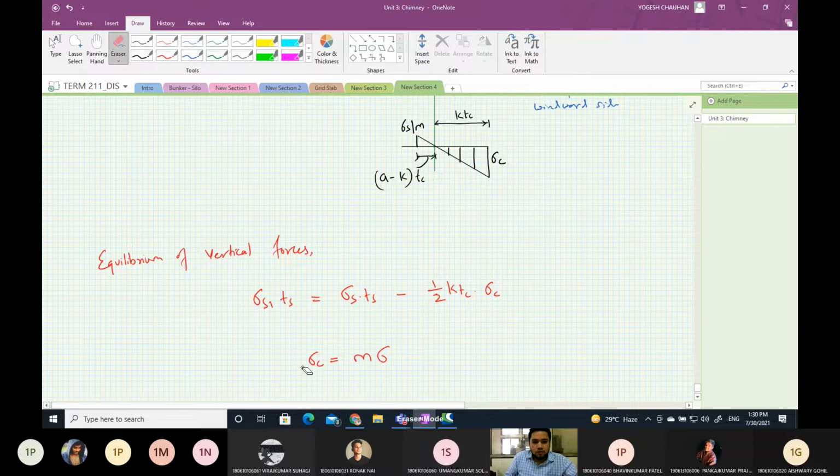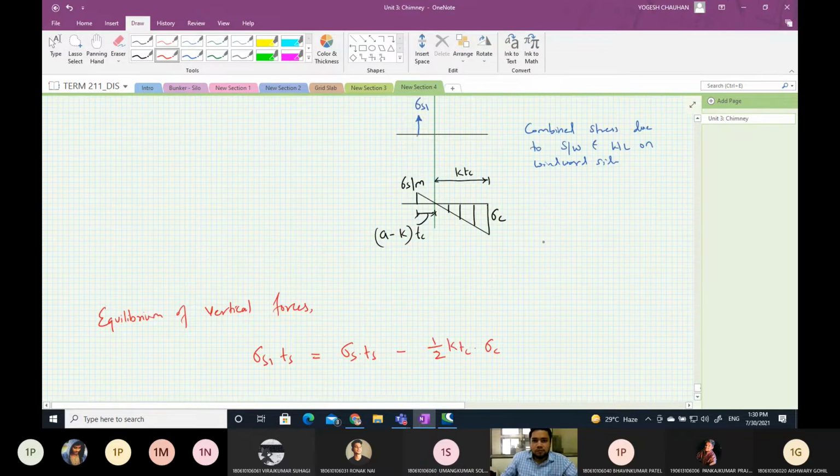Now from this stress diagram, this is the stress diagram due to temperature variation.